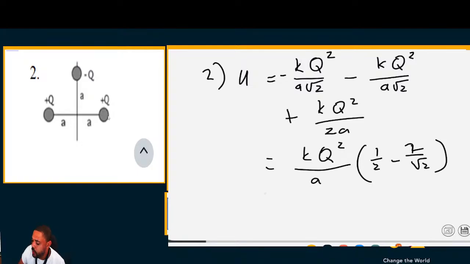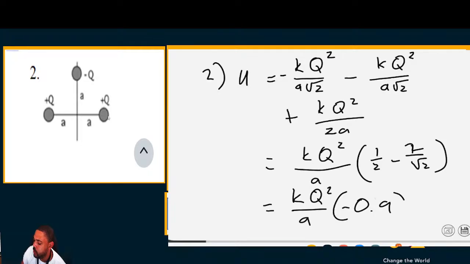That is basically k Q squared over a multiplied by approximately negative 0.9.